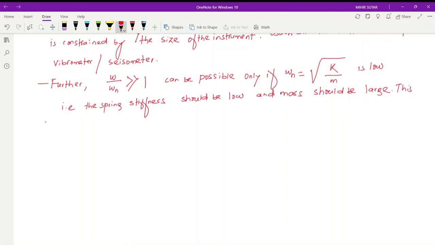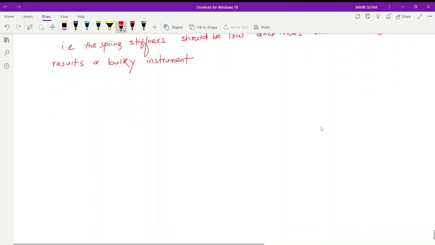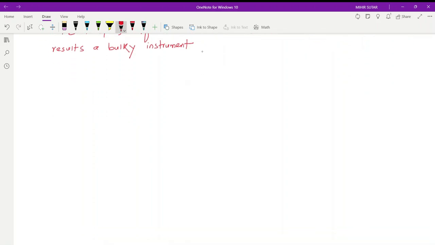This generally results in a bulky instrument which is not desirable in many instruments.